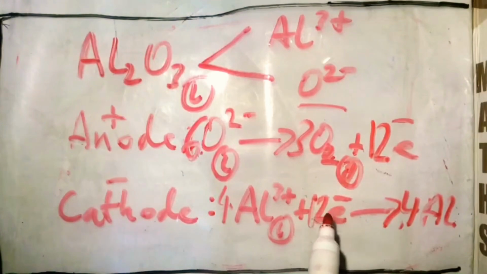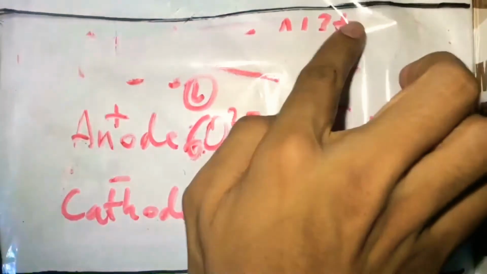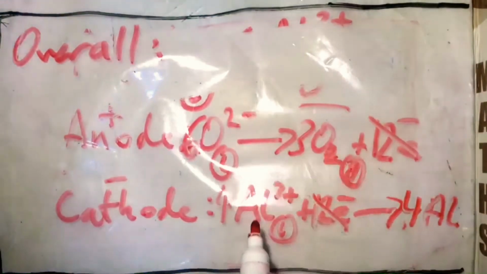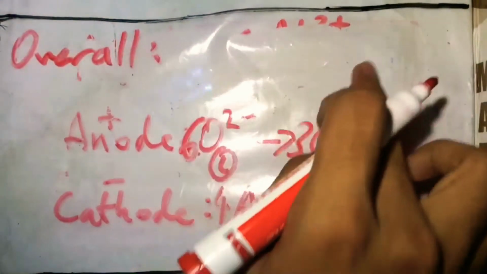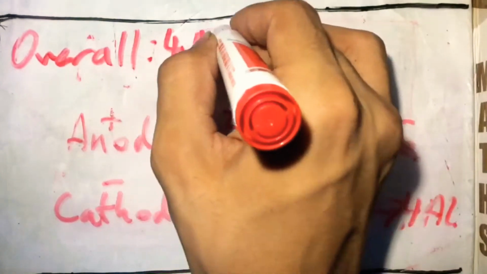Now electrons will get cancelled out for the overall equation. First write the positive ion.